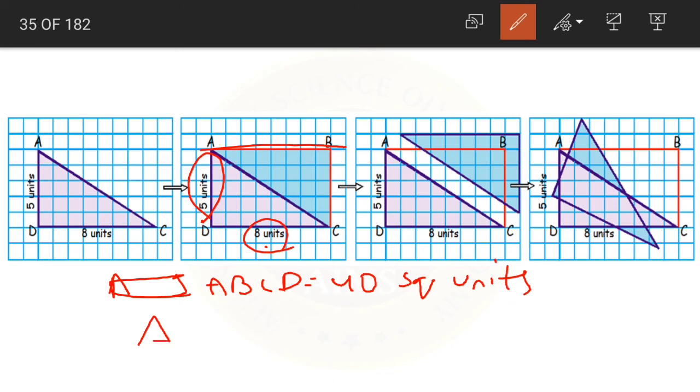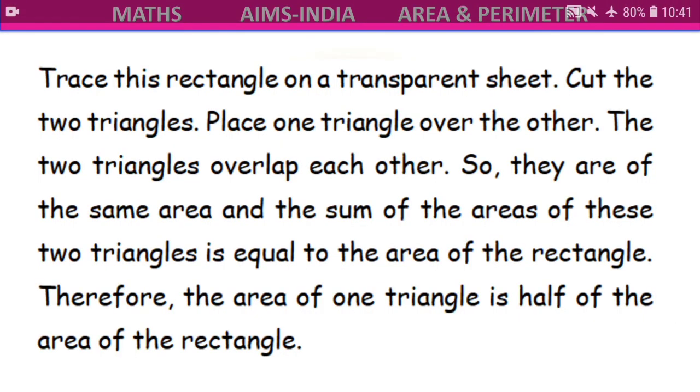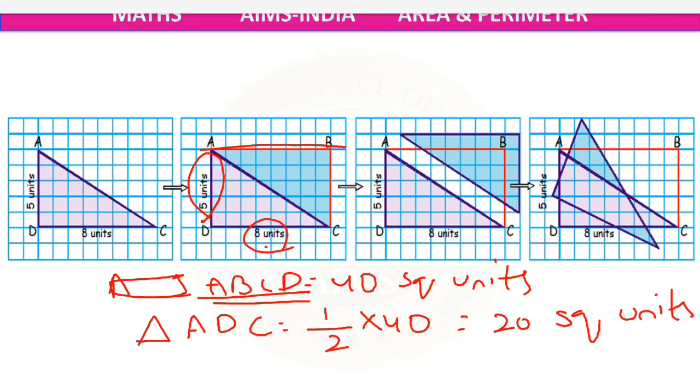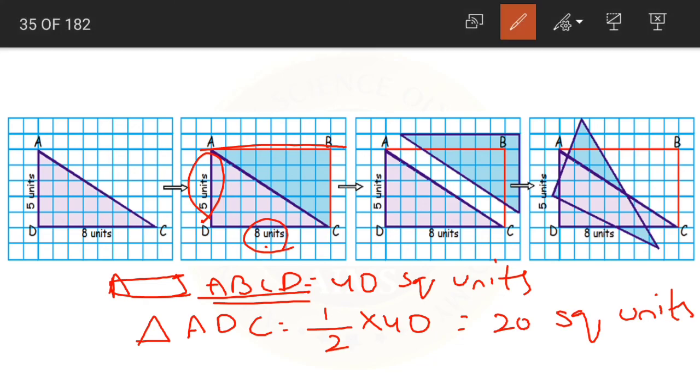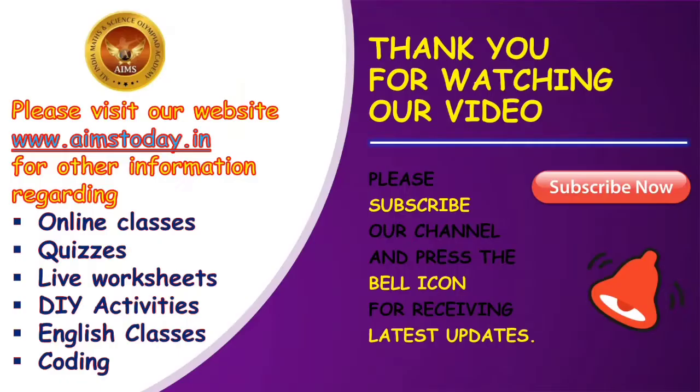And when it comes to area of triangle ADC, it is half of the area of rectangle. 1 by 2 into 40, that is nothing but 20 square units. Is this clear, children? How to find out the area of a rectangle? How to find out the area of a triangle? Using the rectangle.